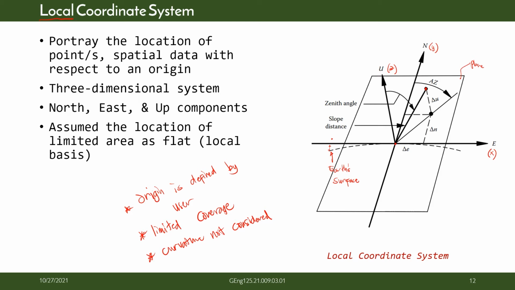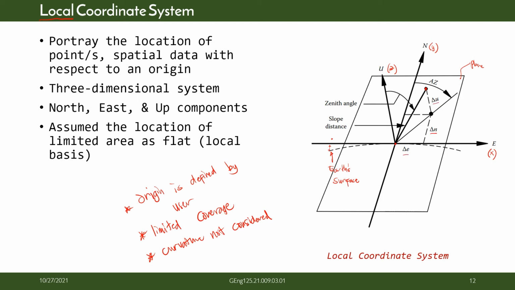From this perspective, it shows the difference in eastings, difference in northings, and difference in the up component. This is what we call relative positioning, so you have your delta. If this origin is known, then we can compute the position of this unknown point, given that we already know the deltas.